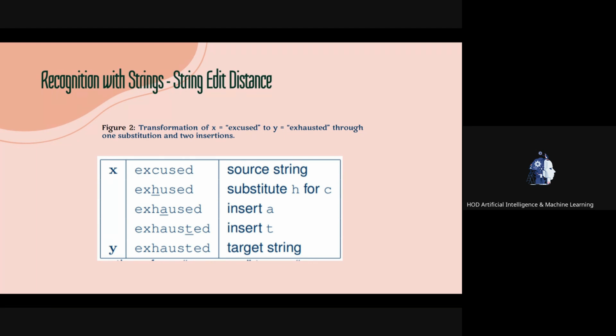We need to make some edits on the X string so that Y could be reached. Do you understand the problem? X is given and I want to make some edits in X so as to transform X into Y. X is the source string, and Y is the target string.